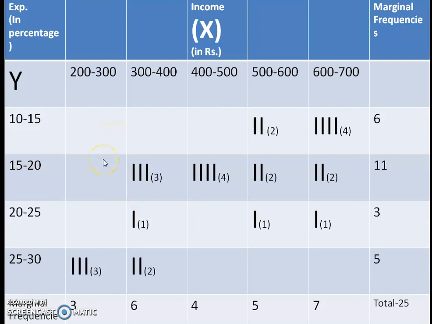Similarly, we do not have any such values in the range 200 to 300 and 15 to 20, or 200 to 300 and 20 to 25. There are no such values, so we'll keep them blank. From 200 to 300 and the range 25 to 30, there are three values. Let's see which are the three.